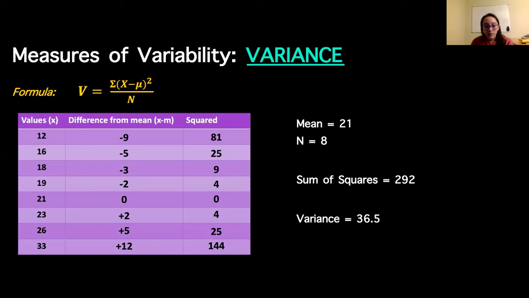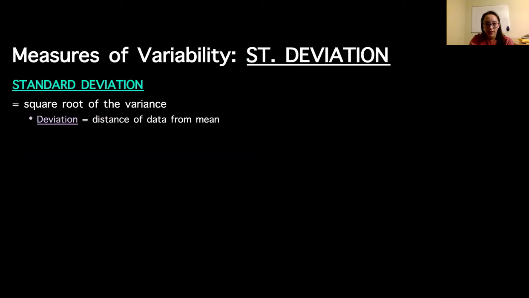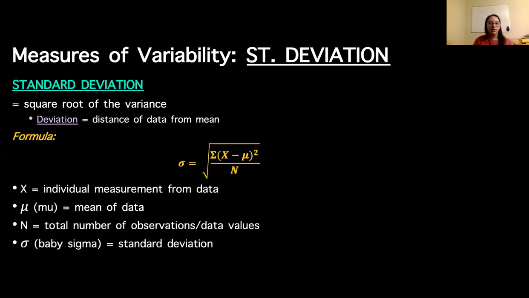So variance is generally describing a deviation from the mean. If we take the square root of the variance, that's how we get standard deviation. If you remember from regular algebra days, whenever you take a square root of a certain value, the result could either be positive or negative.